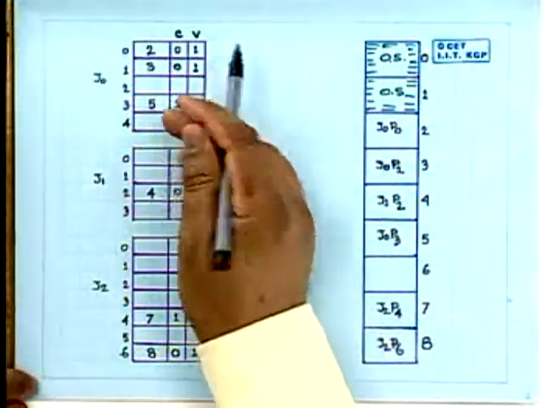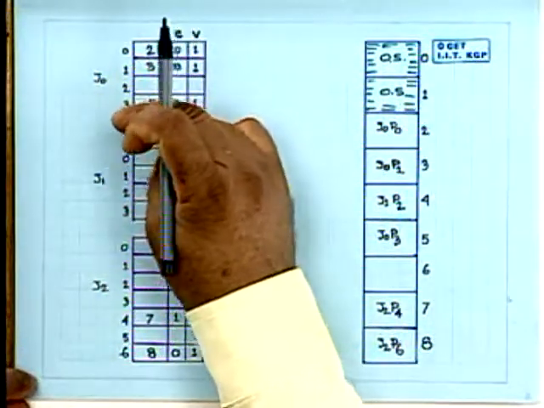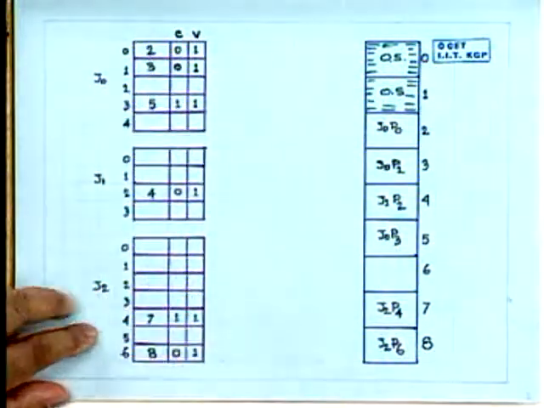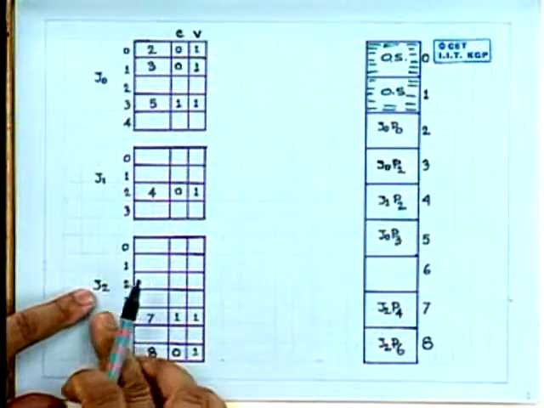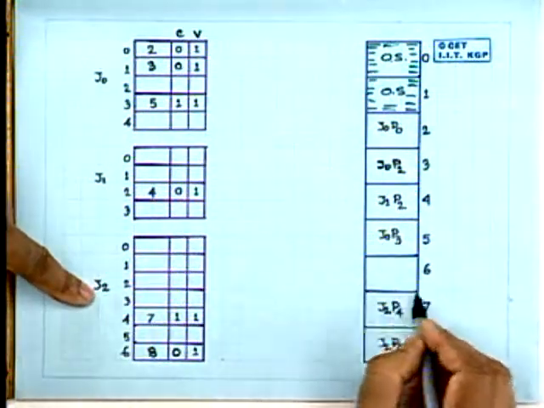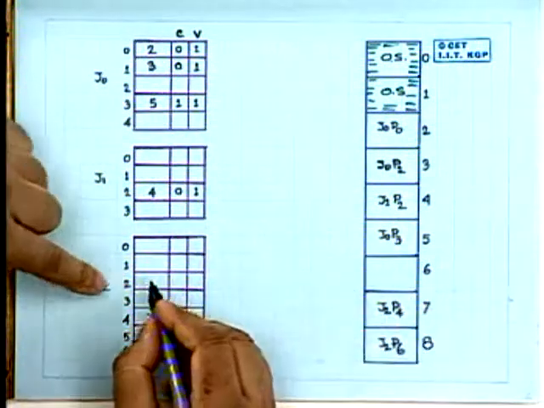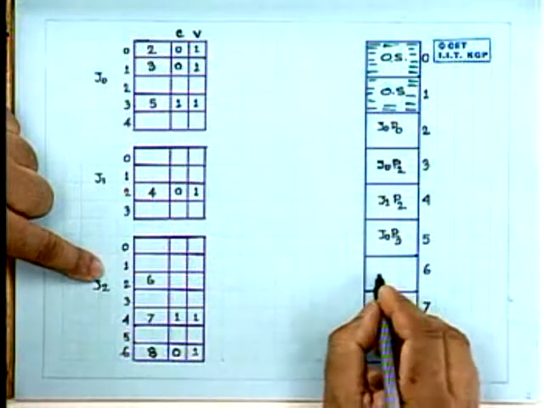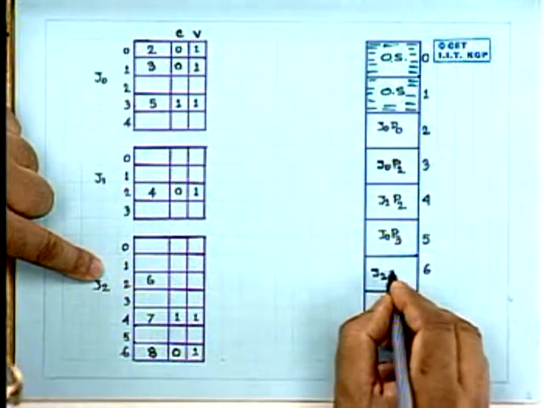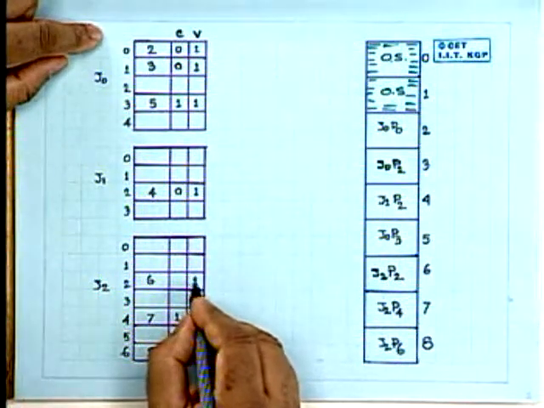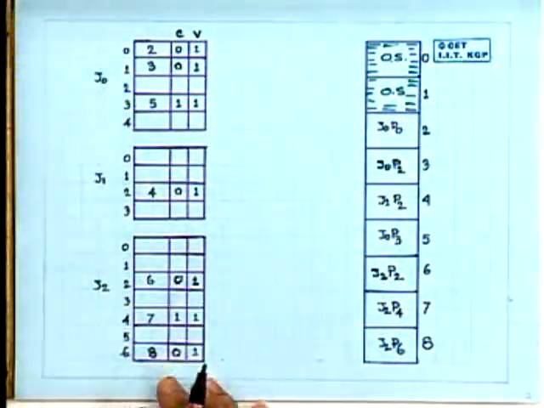Now, say the operating system switches from process J0 to J2, and while executing, J2 needs a page 2. Only one frame is available, frame 6, so it is allocated, J2 page 2 comes here, the valid bit is 1, the change bit is 0, quite fine.